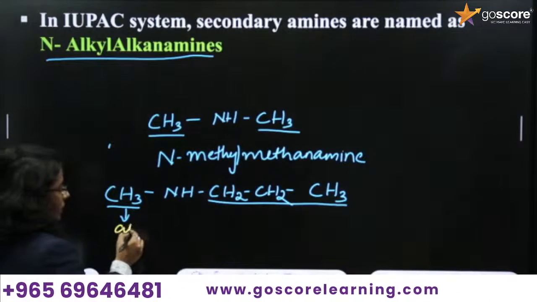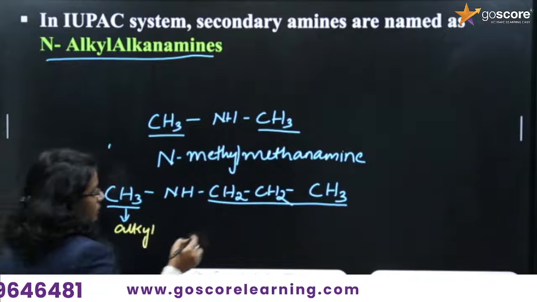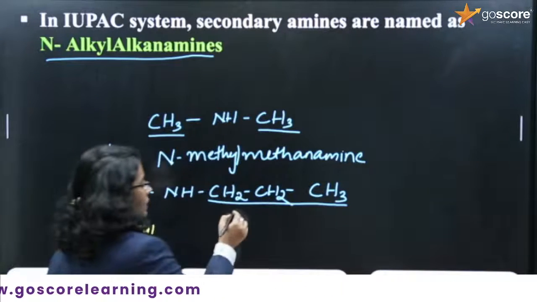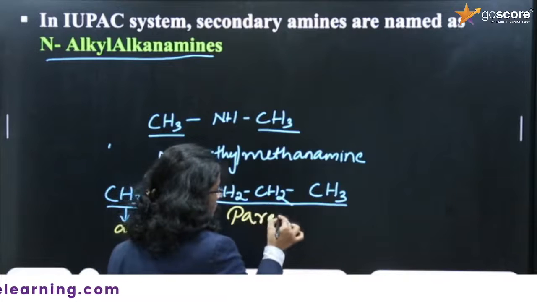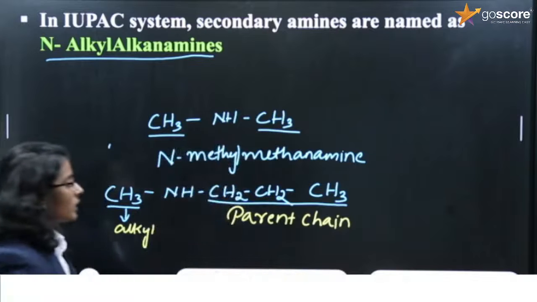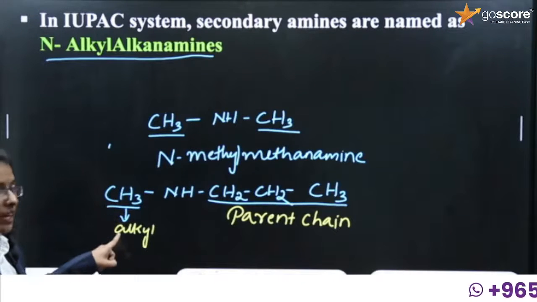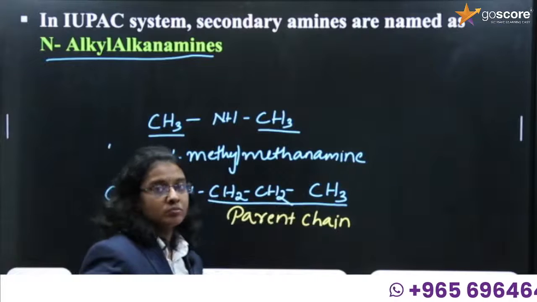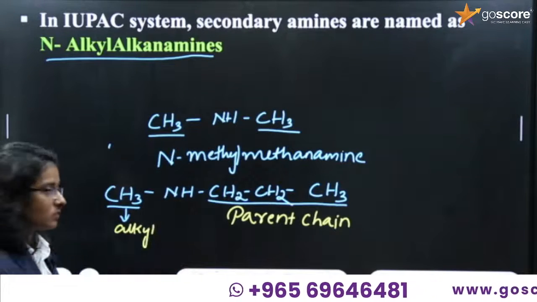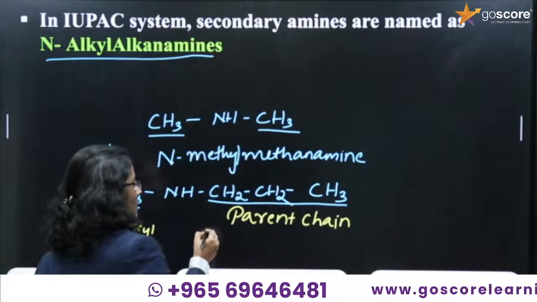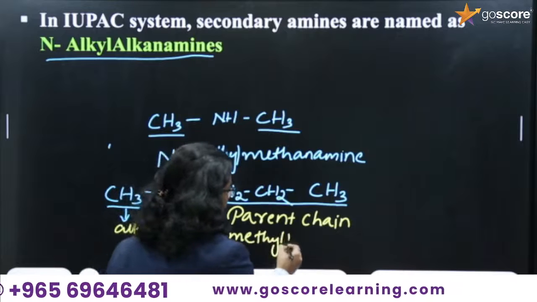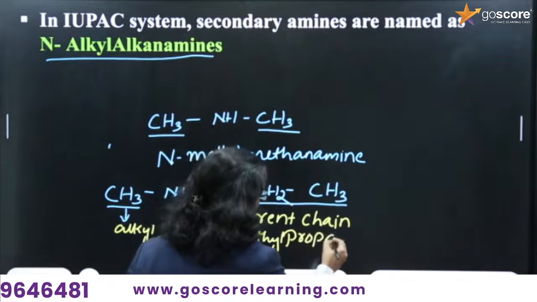So this is the alkyl part, and the longest carbon chain is considered as the parent chain. So the naming will be N-methyl. How many carbon atoms? 3. So N-methyl propanamine. So the IUPAC naming will be N-methyl propanamine.